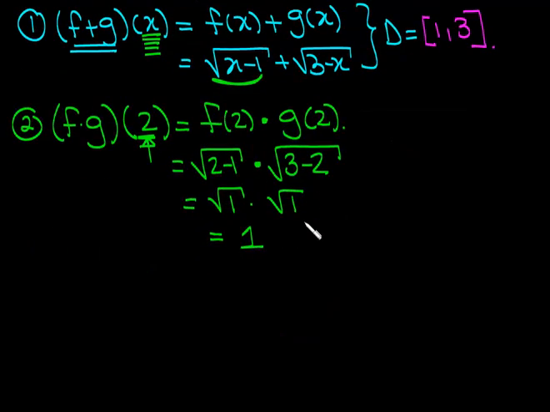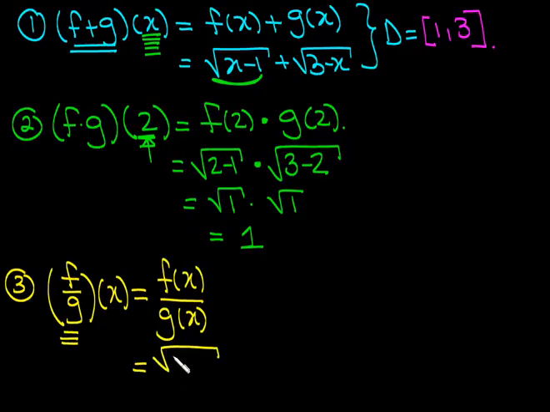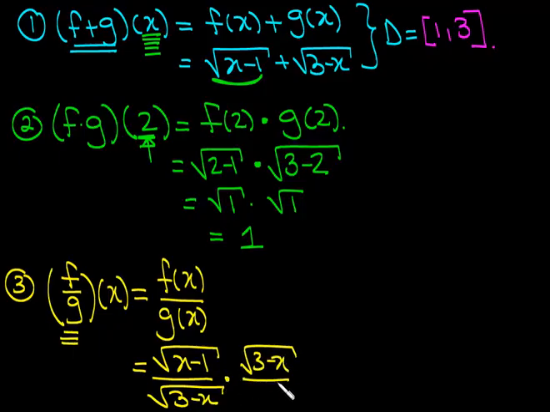That's faster to do. The last example I want to do is, if they want you to find f divided by g of x, they want you to find this new function. So you take f of x and divide it by g of x. So what is f of x? Well, f of x is square root of x minus 1, and g of x is square root of 3 minus x. There you go, there's your answer. Now technically you shouldn't have radicals in the denominator, so you should really take care of that. You can rationalize this. You can multiply the top and the bottom by the same square root.